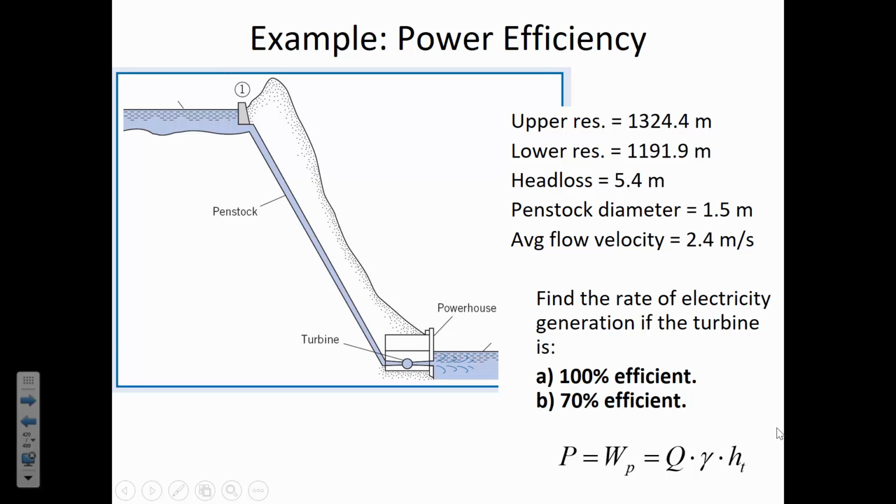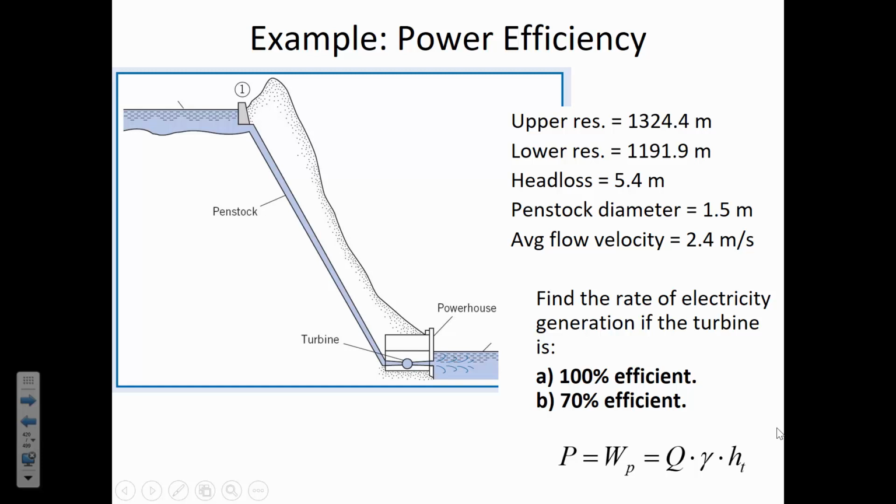Location 1 is going to be the upper reservoir, location 2 is going to be the lower reservoir, and the energy equation: the pressure head, elevation head, and velocity head at location 1 plus h sub p is equal to P2 divided by gamma plus Z2 plus V2 squared divided by 2g plus h sub T and h sub L.